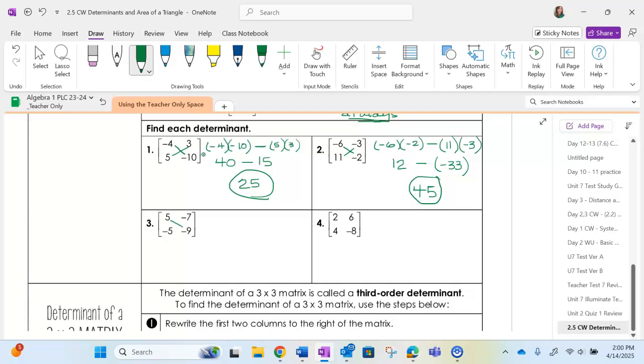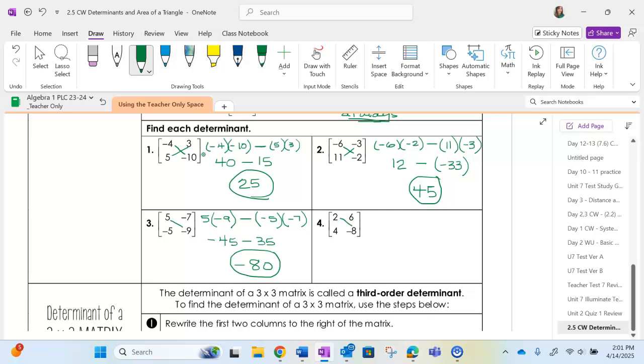Let's do this one. 5 times -9 minus -5 times -7. So you have -45 minus 35, which is -80.